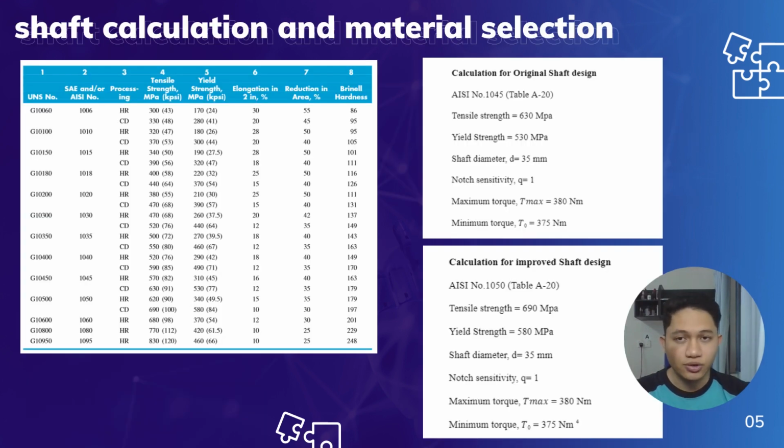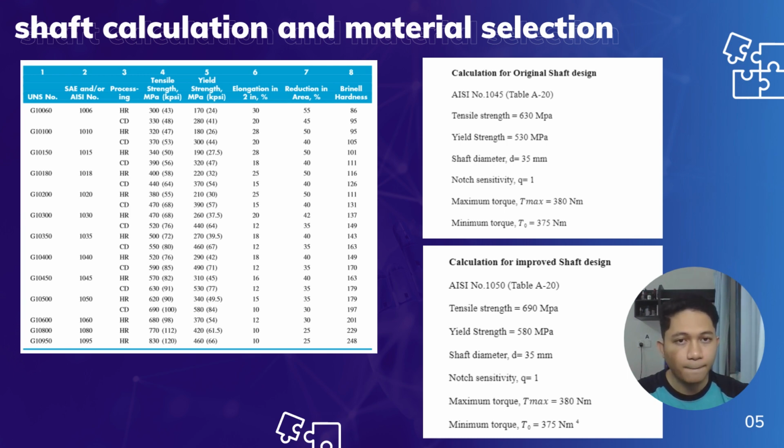So this is the calculation of the shaft and material selection. So what we have here is table A20, which are the common materials for shaft production. So the original material is AISI 1045, and the improved material that we have chosen is AISI 1050.